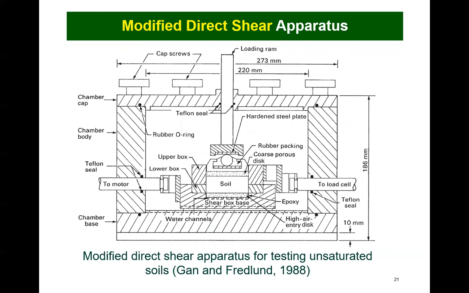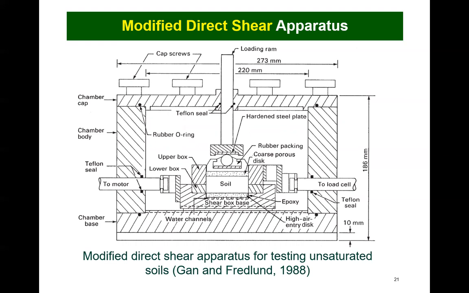A direct shear apparatus can be modified in a manner similar to that described for a triaxial cell. In other words, a high air entry disc is mounted in the base plate of the direct shear box. The entire direct shear box needs to be enclosed in order for the surrounding air pressure to be controlled.